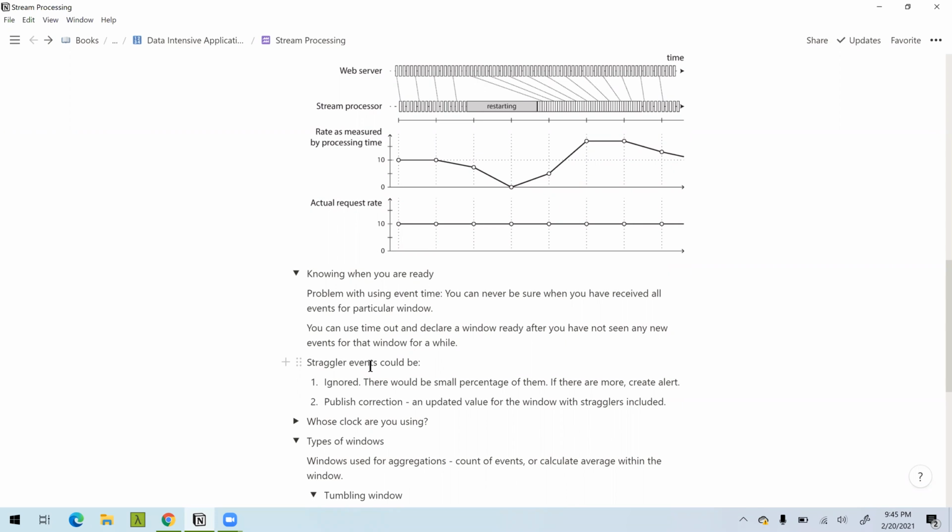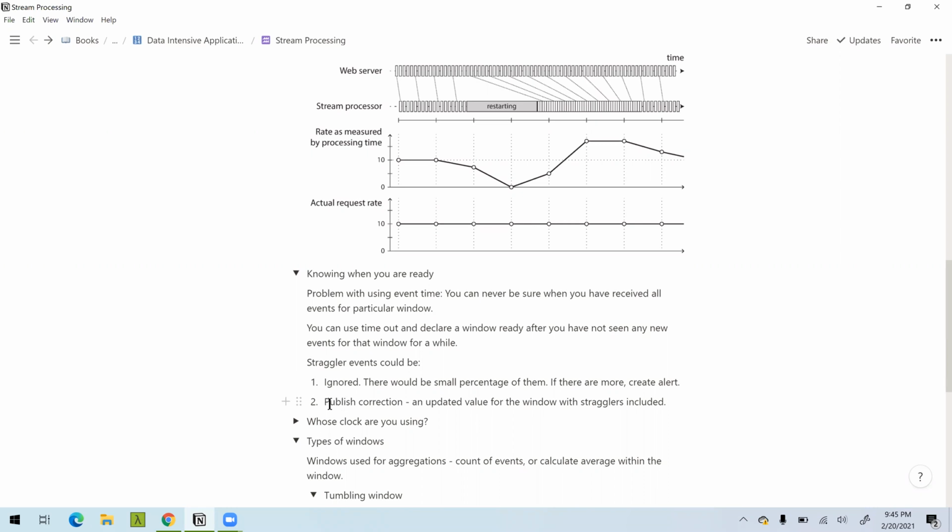Because with the law of large numbers, maybe that number is so small that it will not affect it. Or you can keep track of that number, and if it is greater than a particular threshold, then you create an alert that, hey, a lot of events have been straggling, so just see the health of your service, what's happening, and maybe it's time to redesign your service or do something else.